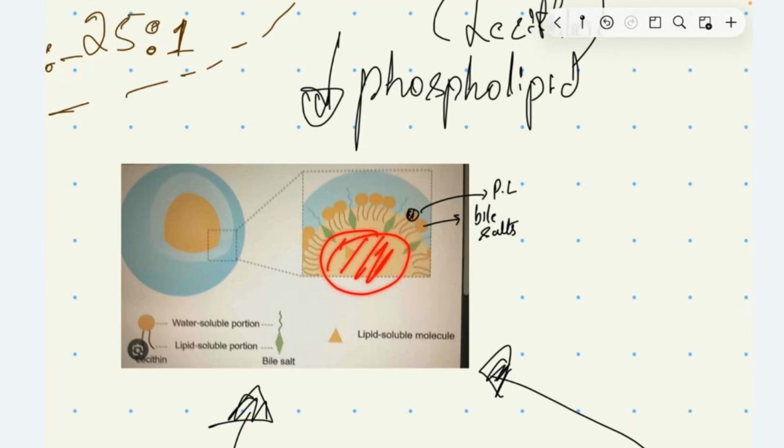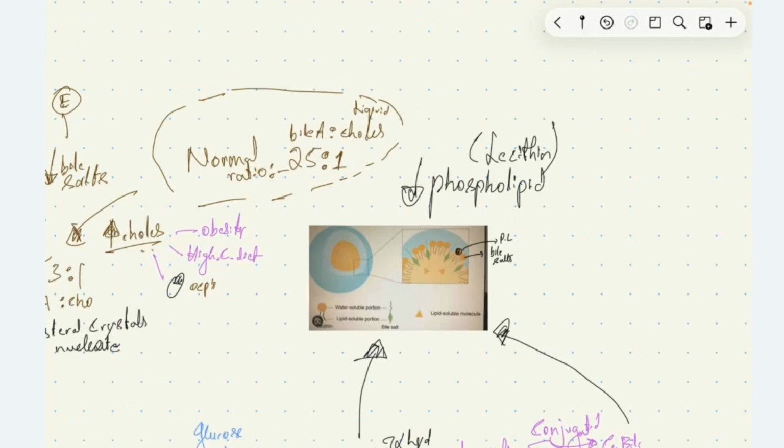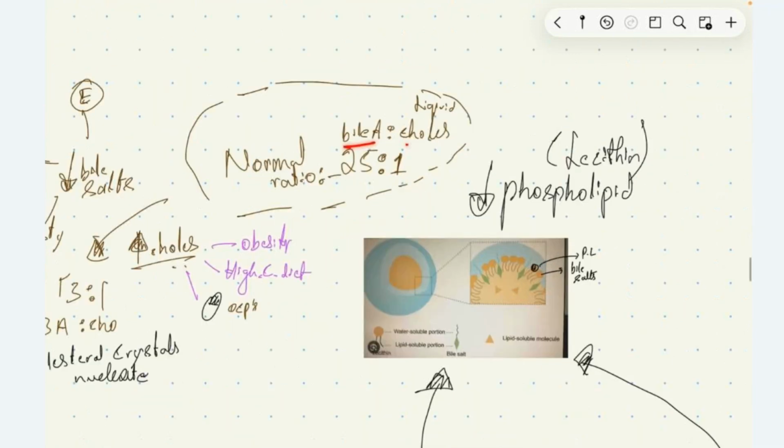These form micelles, which are responsible for excretion of cholesterol and also the absorption of fat soluble vitamins A, D, E, K. The ratio of bile acids to cholesterol in the micelle should be 25:1, so that in this condition the cholesterol will be in a liquid state.